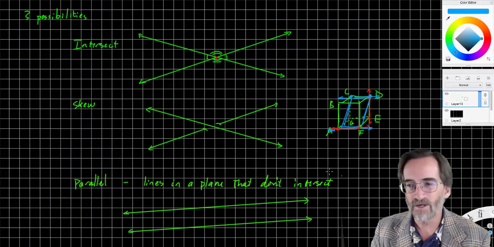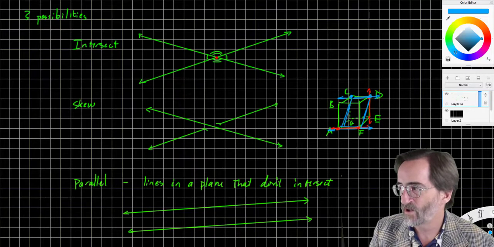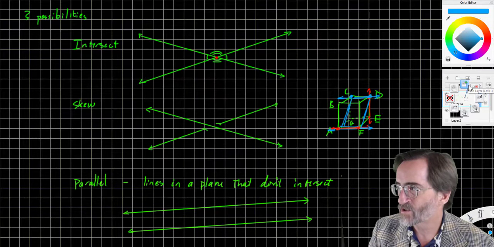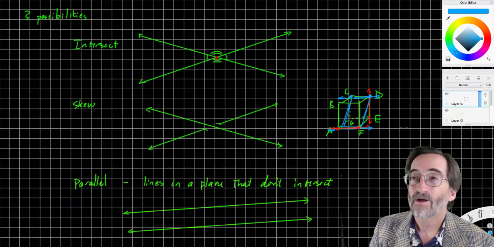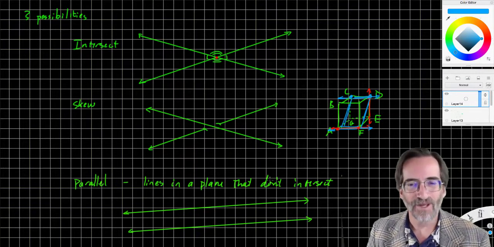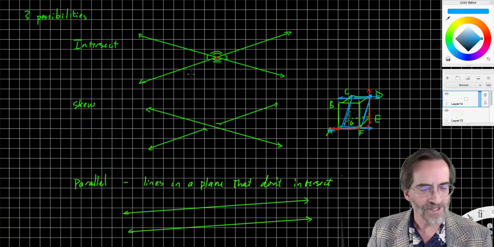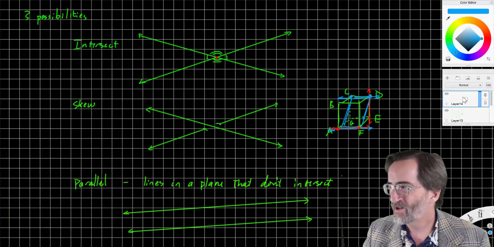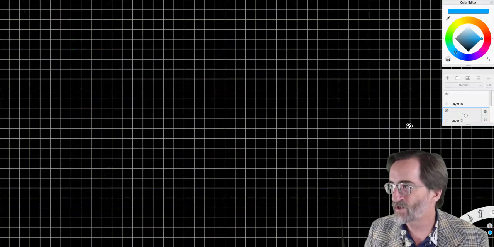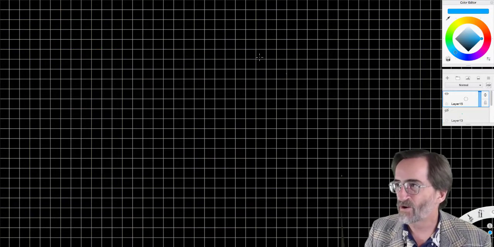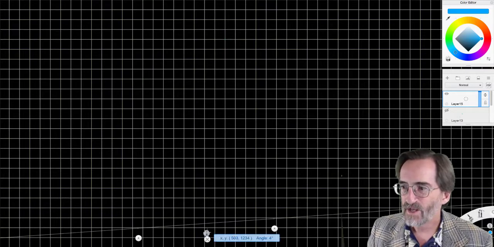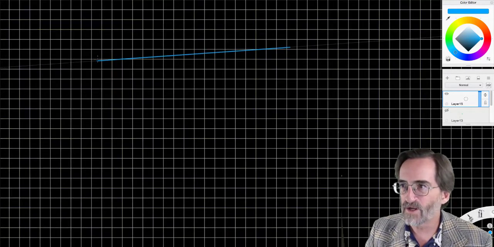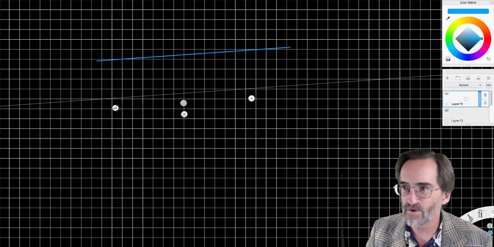So let me get on to the rest of the vocabulary here. The rest of the vocabulary has to do with something called a transversal. I'm forgetting the word here. Not transitive. Actually, yes, transitive. That is a line that crosses two other lines. All right? So here we go. We have two lines, and it's not given whether they are parallel or skew or anything like that.